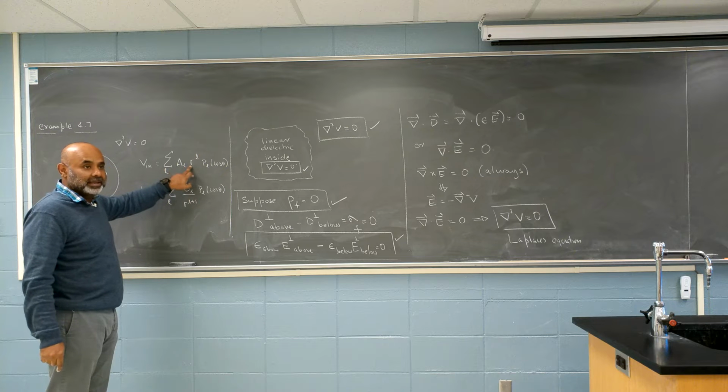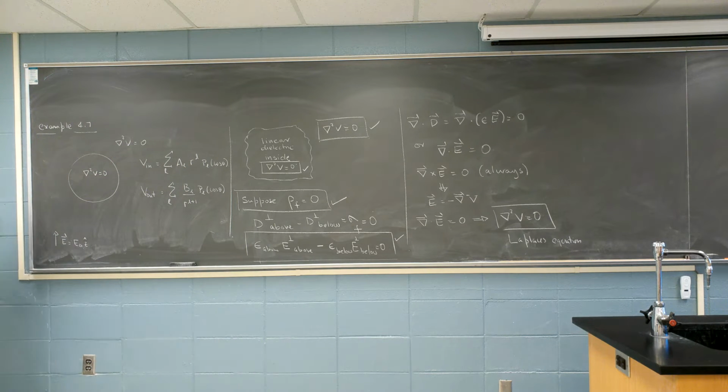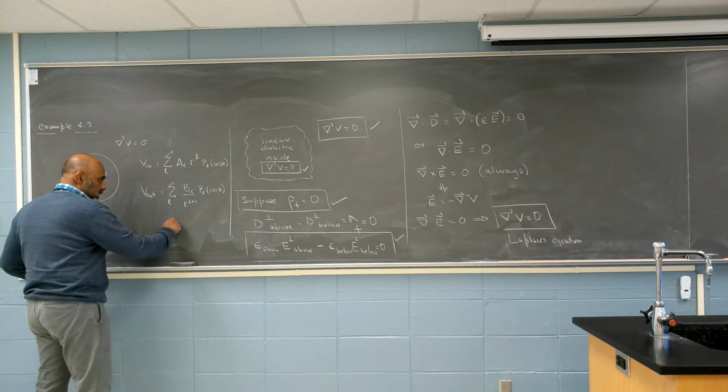I couldn't put this in the outside region, but that is almost the case, except there is a field outside. It should give me this. So I would put a correction here.